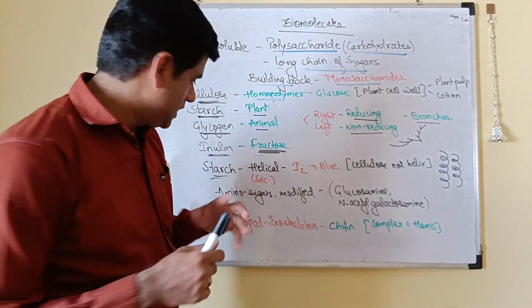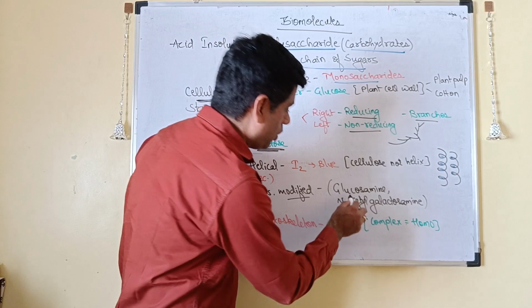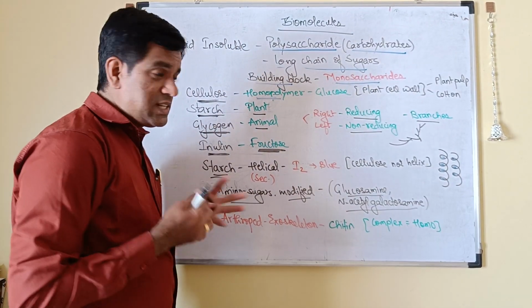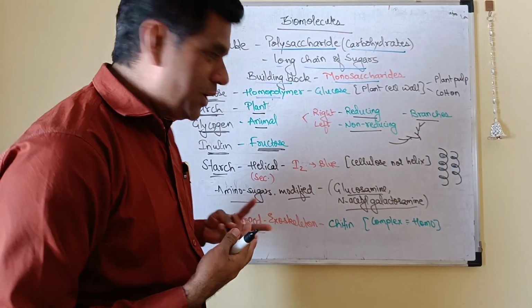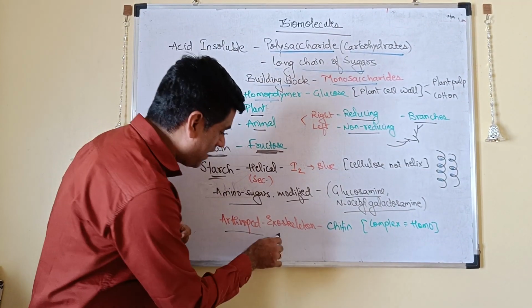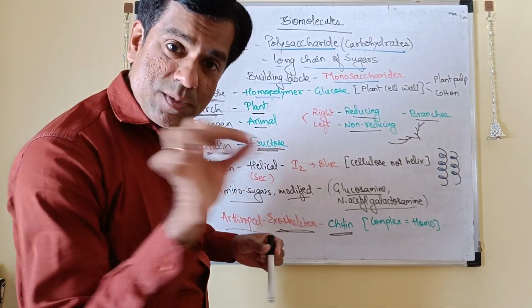There are many other sugars, like amino sugars, some modified sugars which have nitrogen. You have glucosamine, you have N-acetyl galactosamine. These are some modified sugars. Then arthropods: you know that arthropods, your favorite cockroaches and all the insects, have their exoskeleton made of chitin. So remember, chitin is a polysaccharide.